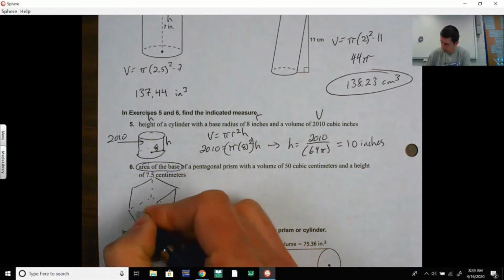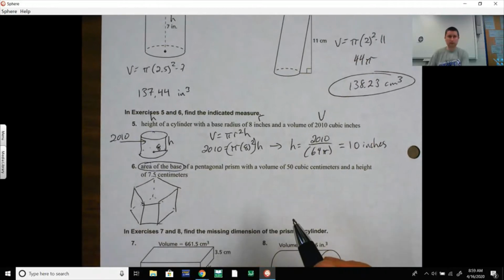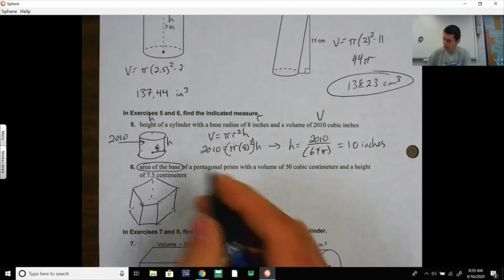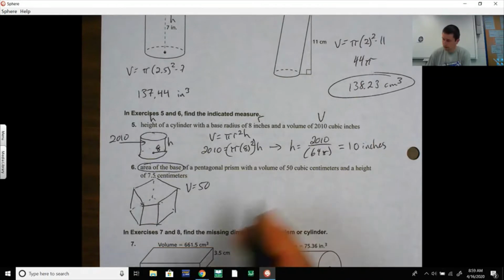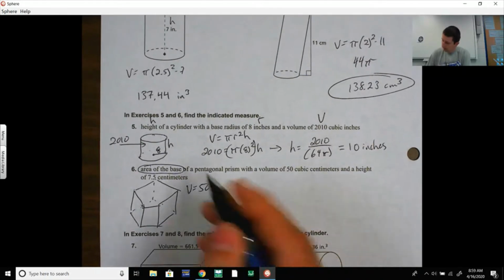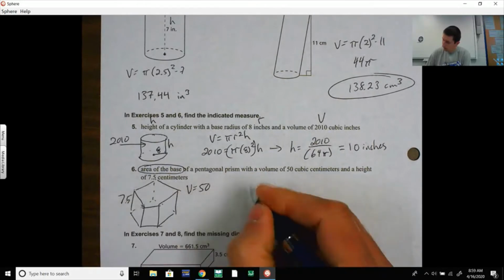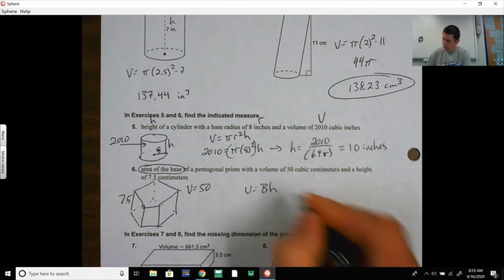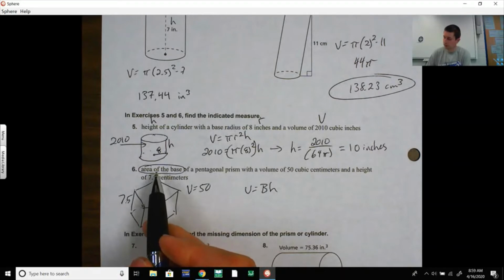How about that? Does that look okay? There's my pentagonal prism, and I know the volume is 50. So if I fill it with water, I need 50 cubic centimeters of water, whatever. And my height is 7.5. So volume equals the area of the base times the height. And that's all they want here, just the area of the base.